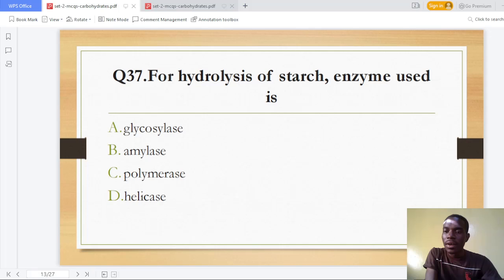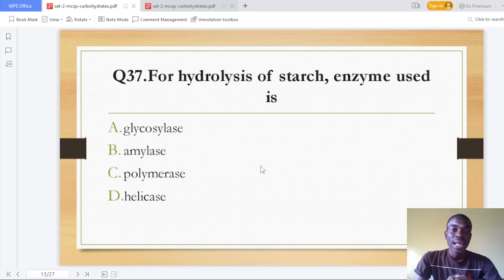Okay, so for hydrolysis of starch, enzyme used is A, glycosylase, B, amylase, C, polymerase, D, helicase. Okay, so like I was saying, digestion in the human body begins in the mouth, and the best enzyme that operates in there at an optimum pH of about 7 at a temperature of 37 degrees Celsius is the amylase.